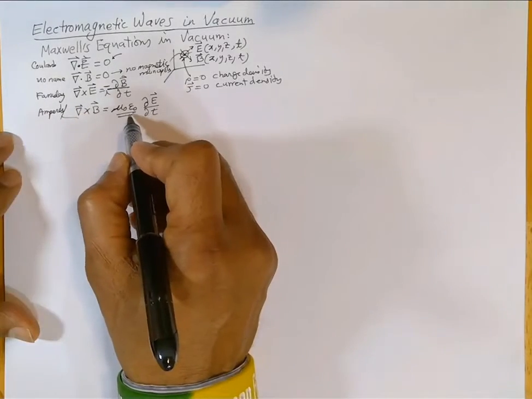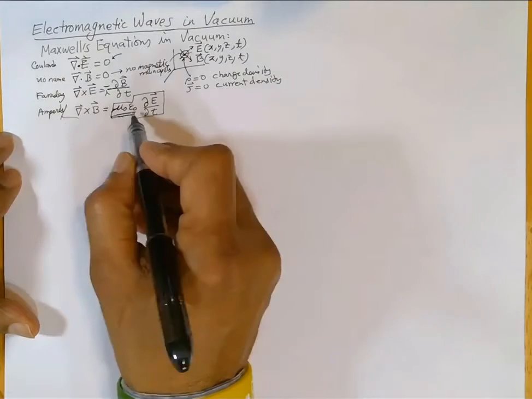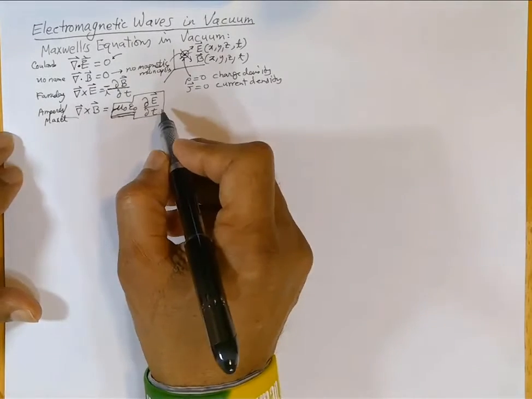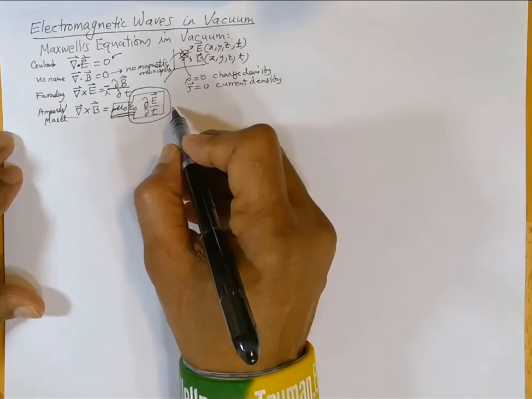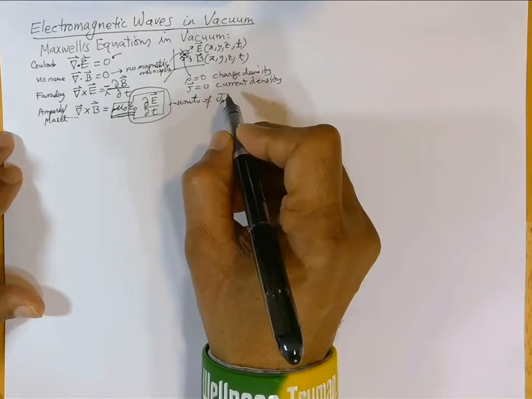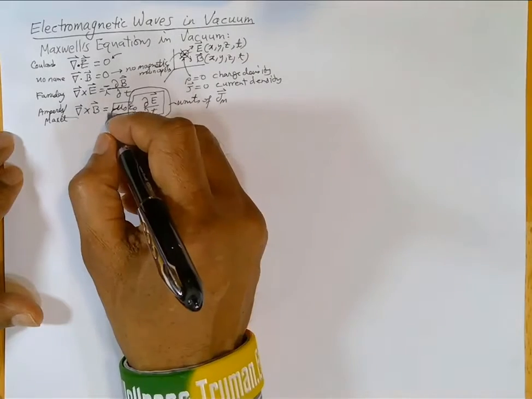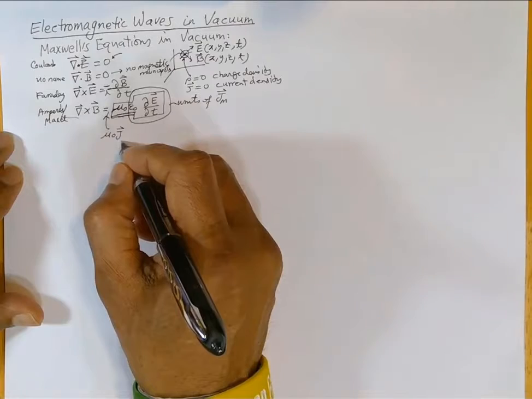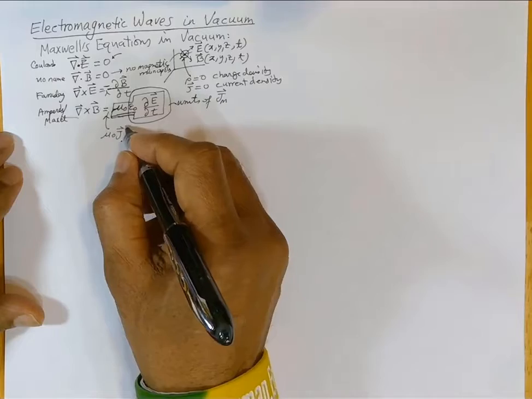But this term is not in Ampere's law, and it's called Maxwell current. So it is coming from Maxwell. This stuff has units of current density, and you might call it Maxwell current density. There is a term here, mu naught J, for the real current, and because current density is 0, this term is missing in vacuum. Okay.